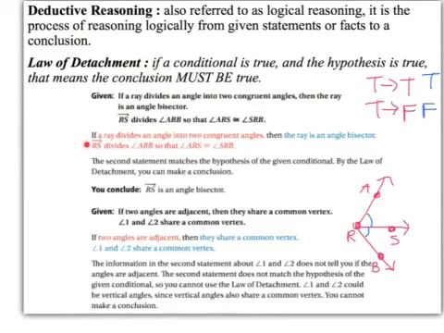So by the law of detachment, you can make the conclusion that RS is an angle bisector. So it's kind of common sense. If the first part of a conditional statement is true, then the second part must be true as well. So if RS cuts the angle into two congruent parts, then RS must be an angle bisector.